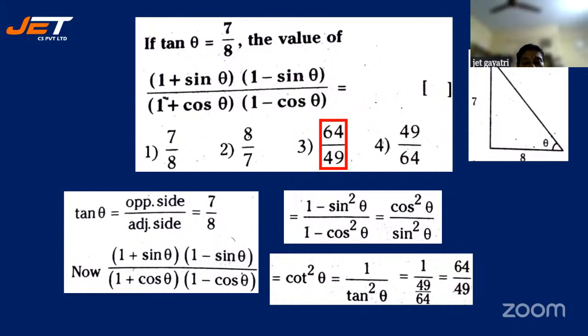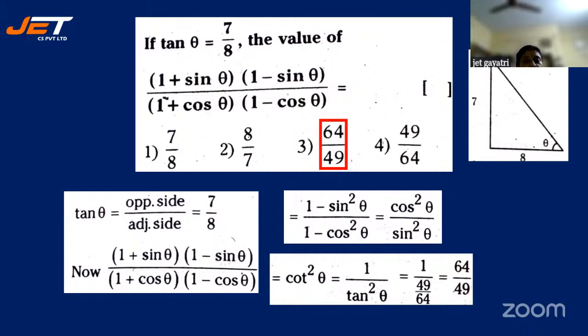So here, even without finding out your hypotenuse, you can find the answer. How? Cos square theta by sine square theta is nothing but cot square theta. Whereas they have given you tan theta as 7 by 8. So it becomes 1 by (7 by 8) the whole square, which is 64 by 49.